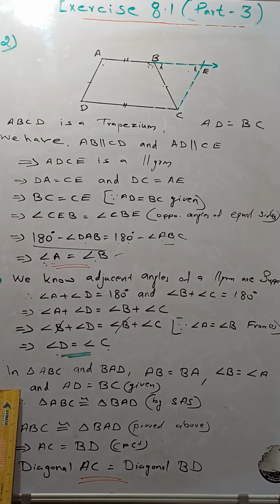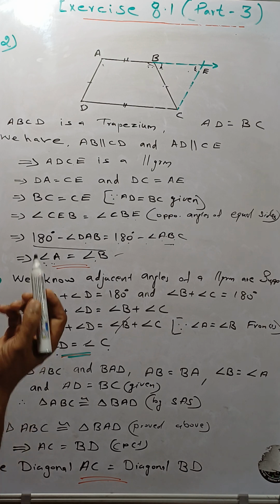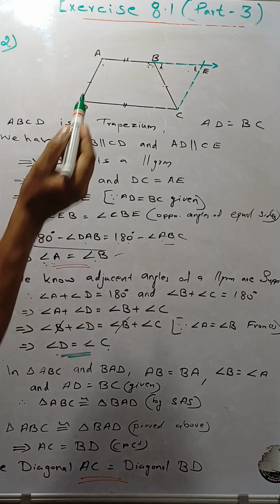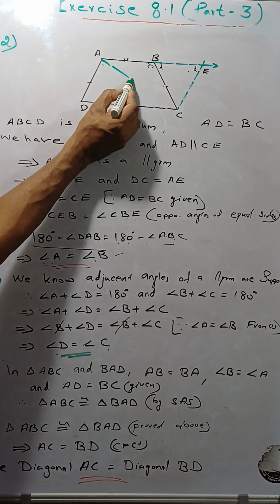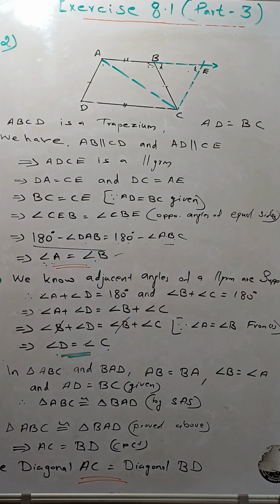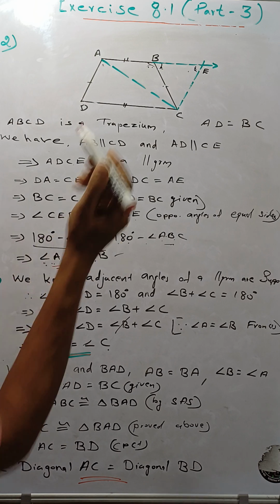Then the third part. Let us join this part here: this diagonal AC and diagonal BD.